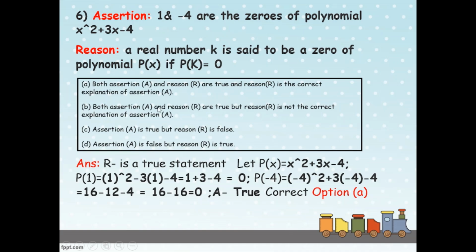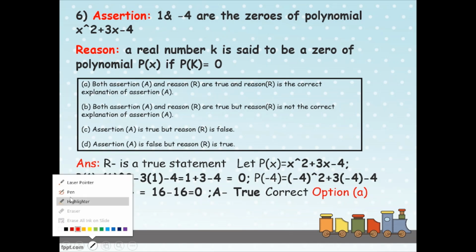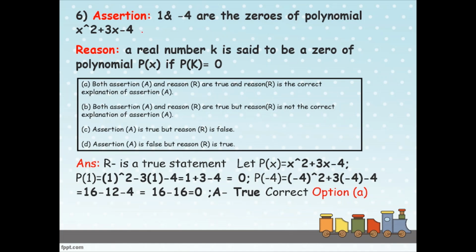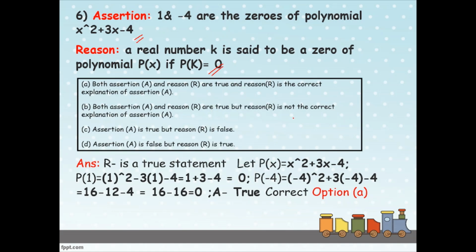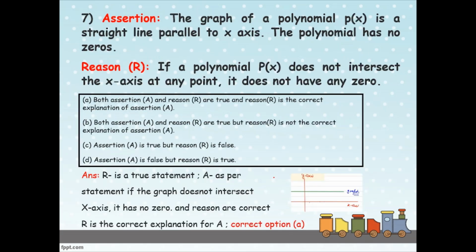Yes, both the statements are true, and here we are using the reason to understand the assertion. So both are true. The correct option is A, because the reason is the correct explanation of the assertion.